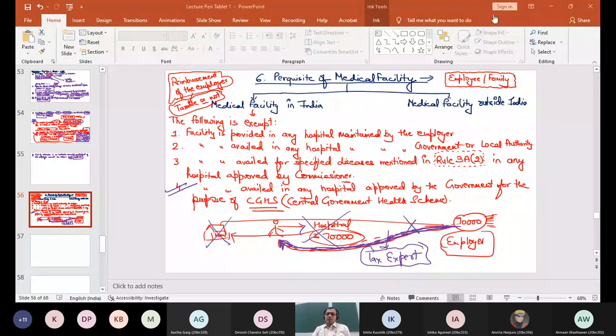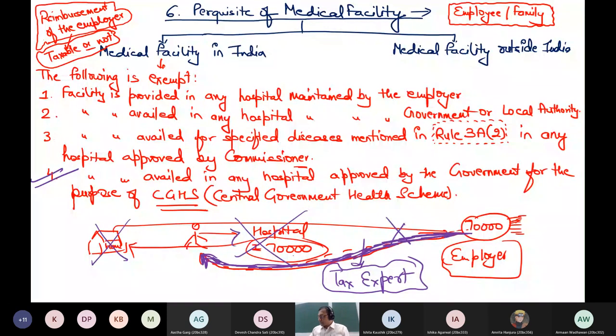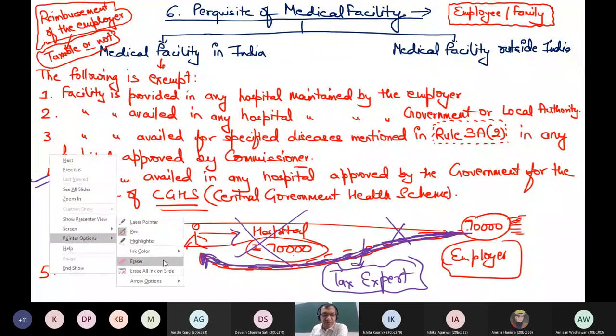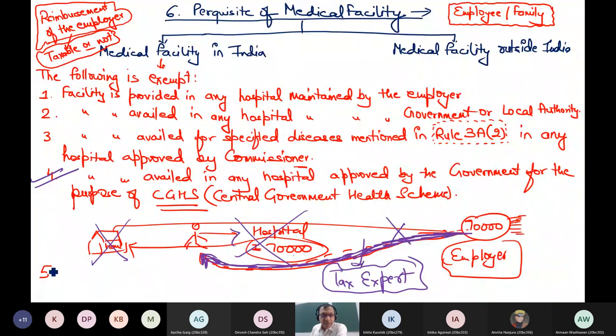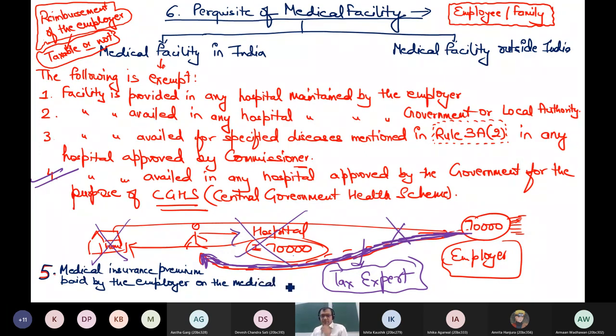Last point, where medical in India is totally tax free. The last point is the medical insurance premium paid by the employer on the medical insurance policy of the employee.